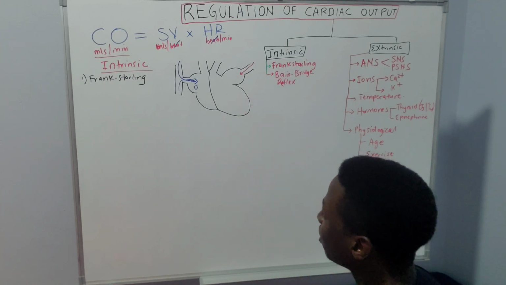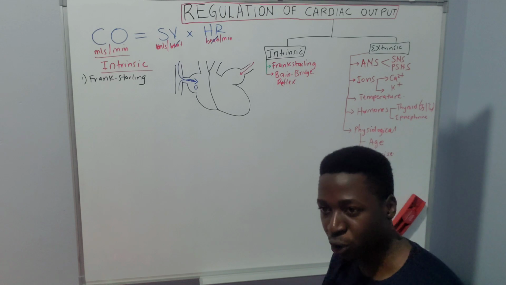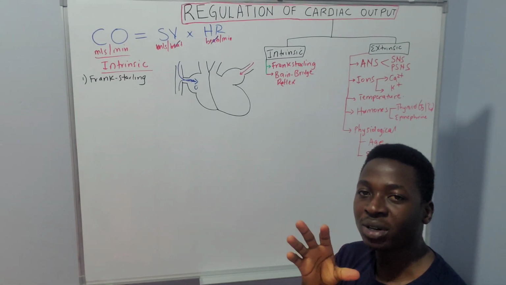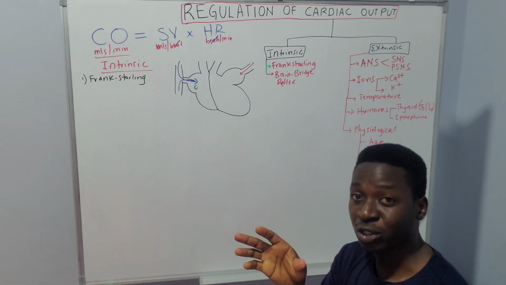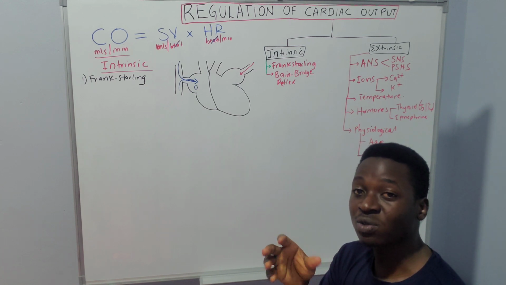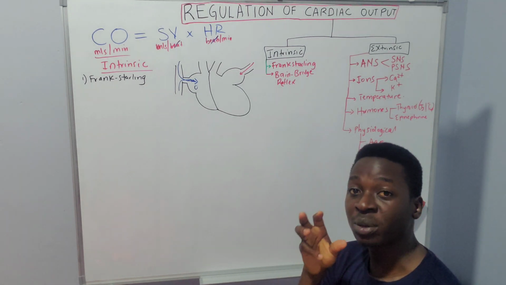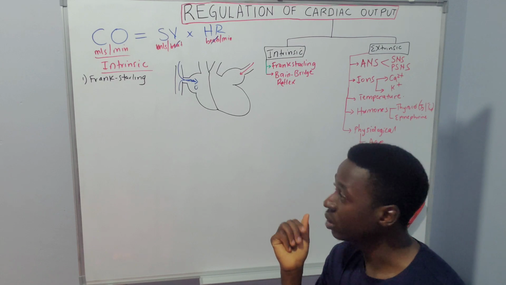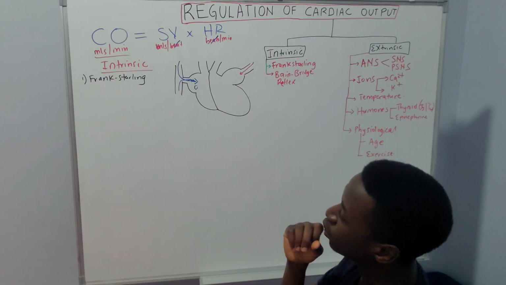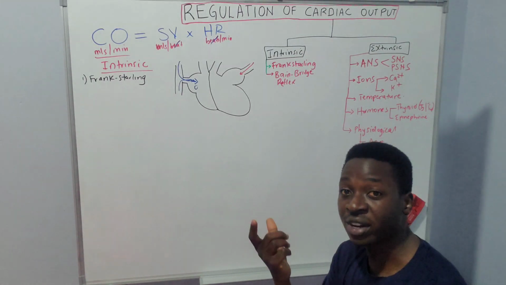But remember the total proportion. If you look at pulmonary and systemic circulation, it accounts for about 84% of all the blood volume that is in circulation. So it makes up a big component of the venous return.